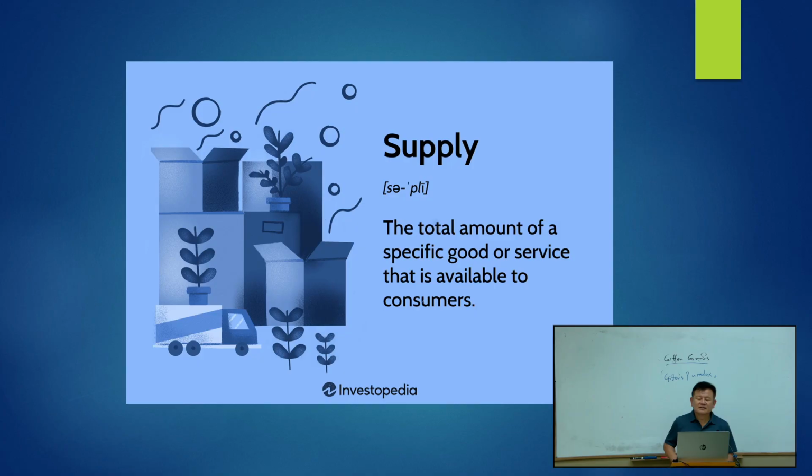So the keyword is guess, forecast. Who decides that? Not consumers; the suppliers decide the supply amount. This is supply.